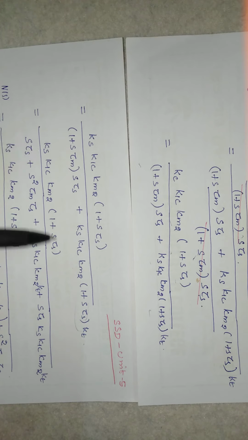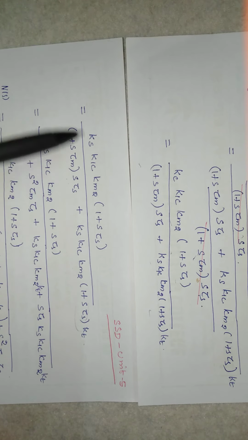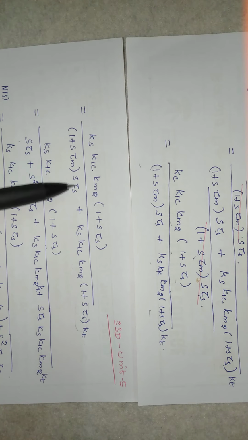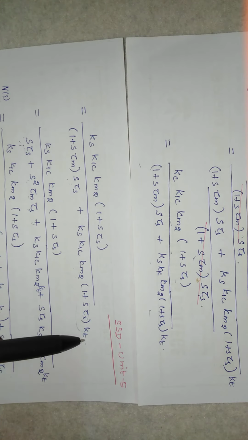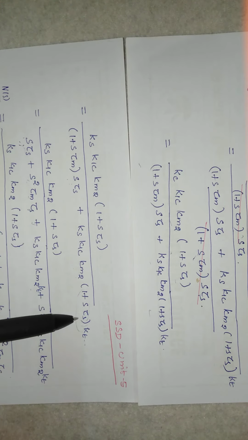So the numerator I am writing as it is, and for the denominator I am multiplying s tau s with this entire term. So we get 1 into s tau s plus s tau m into s tau s, which is s square tau s tau m, plus this term to be multiplied with 1 plus this term.